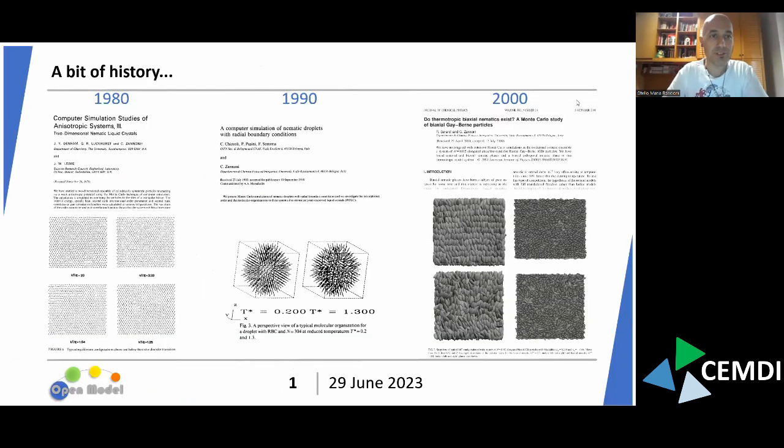So a bit of history to begin with. Back in the 1980s, people started to really think about the role of molecular shape and molecular interactions in explaining the observed behavior of soft matter.